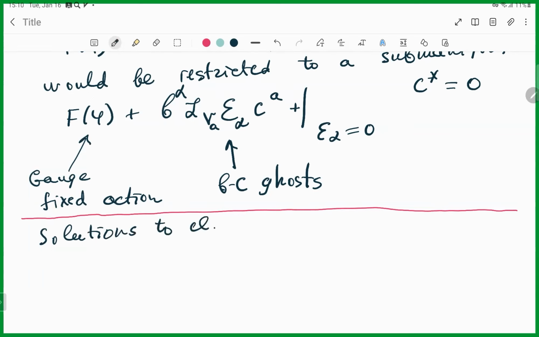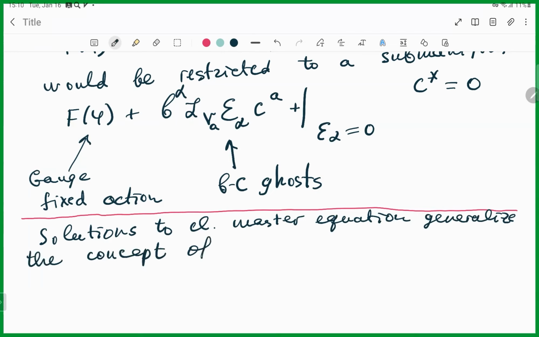Solutions to the classical master equation generalize the concept of symmetry in several ways. We will consider the following way.